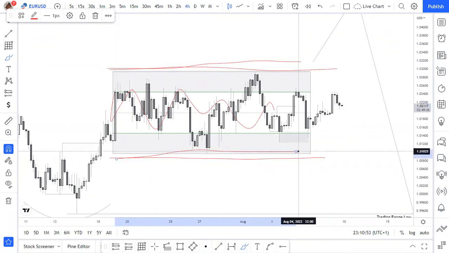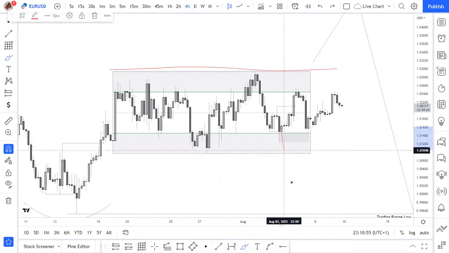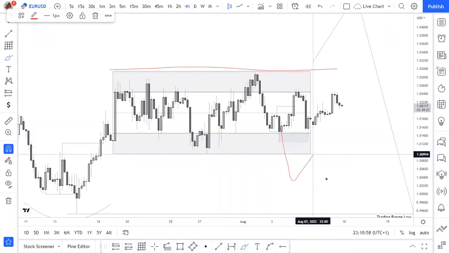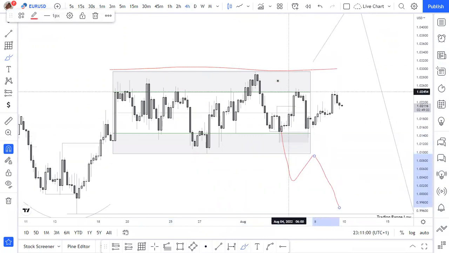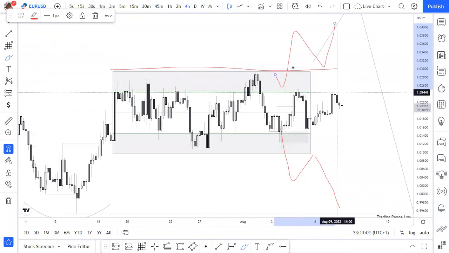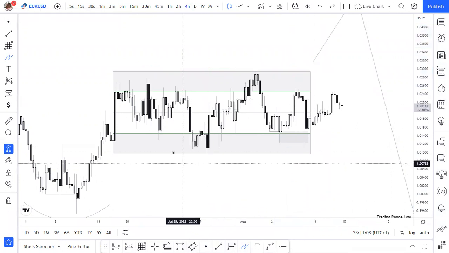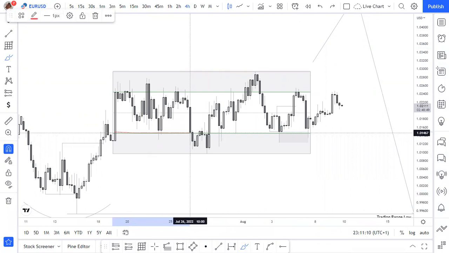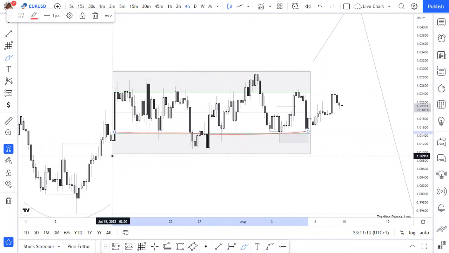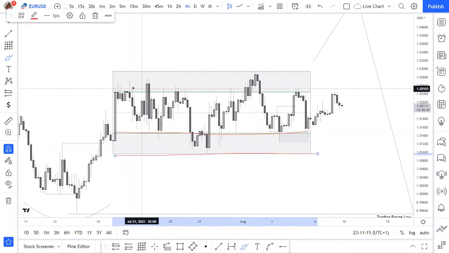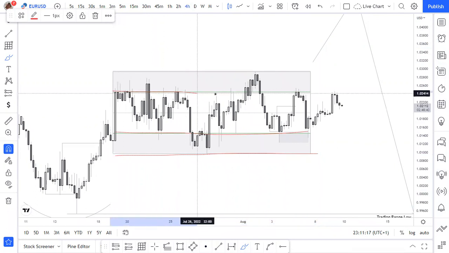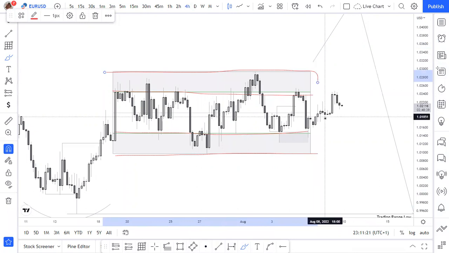And I said you either wait for a breakout of the range and then look for trades on a breakout above here, or you trade within the range, and if you must trade within the range, you should be trading within the lower 25% of the range, which is here, or maybe the higher 75% of the range, which is here.